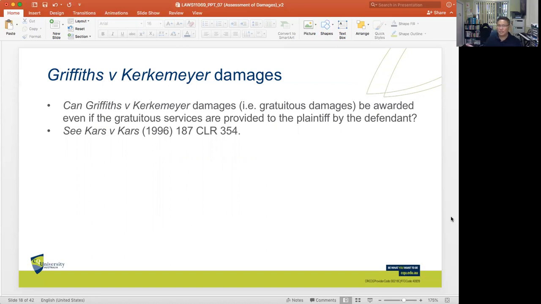And if in the process, what if the husband then, as the defendant, takes care of the wife? Should the gratuitous services then be discounted? After all, the defendant himself was responsible for the injuries to the plaintiff.